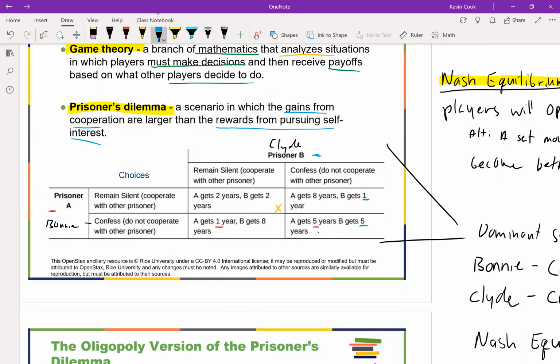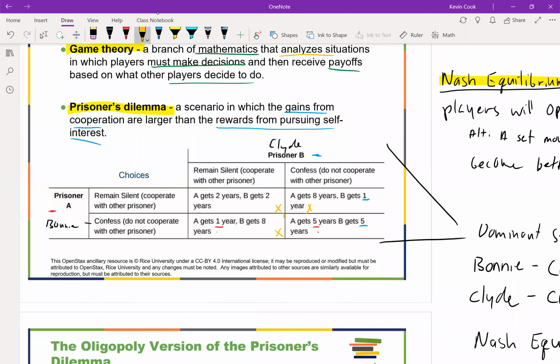So this point, again, is not going to be a Nash equilibrium. Up here, where Clyde's confessing and Bonnie's remaining silent, Bonnie can become better off by switching to a confess. So this point again wouldn't be a Nash equilibrium.